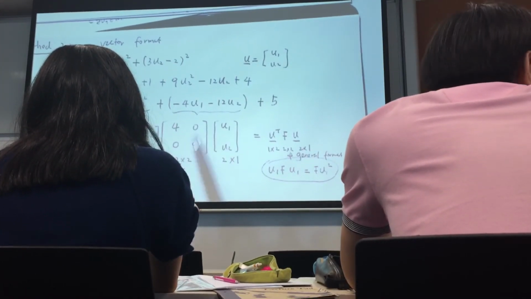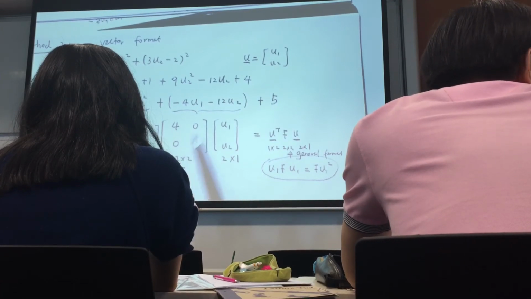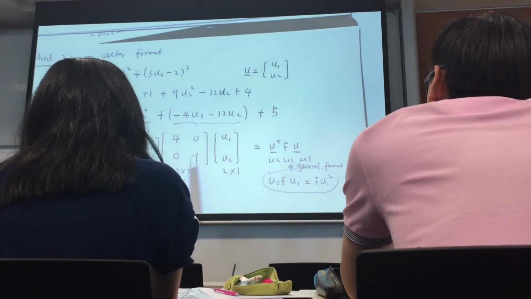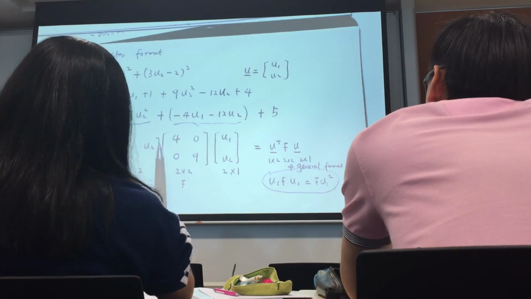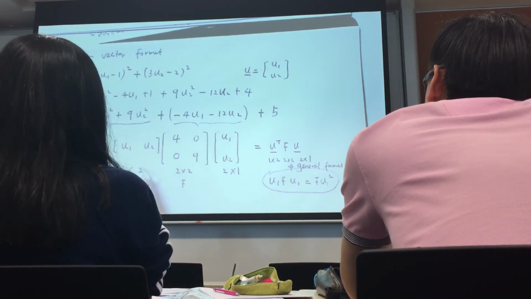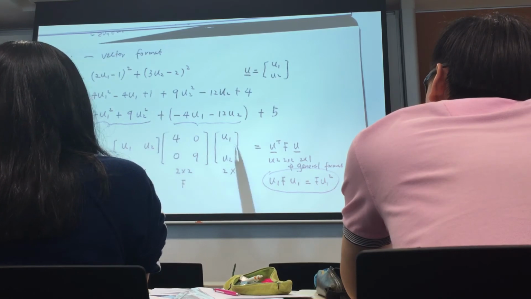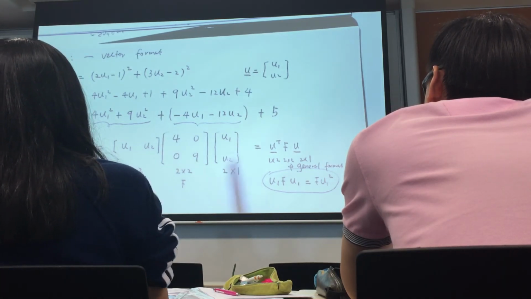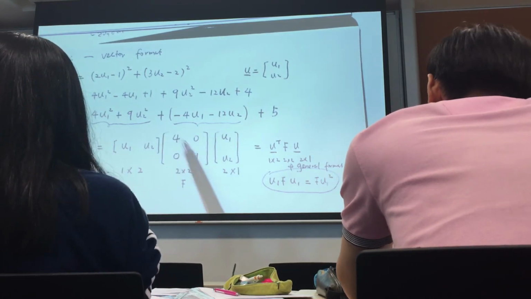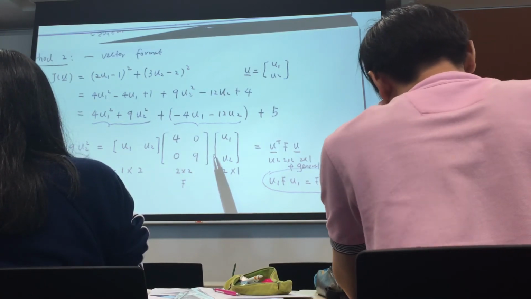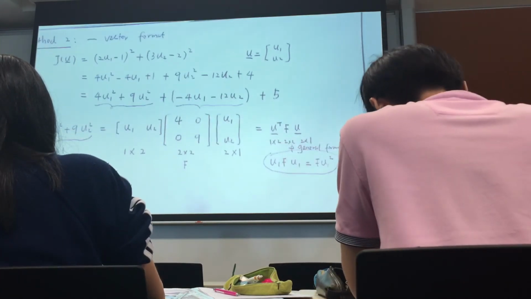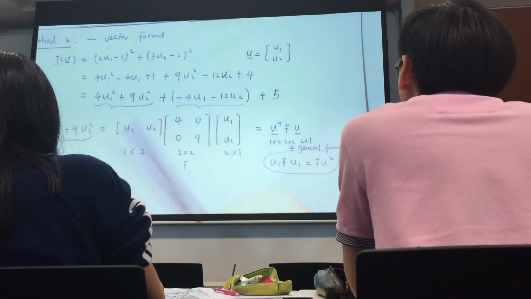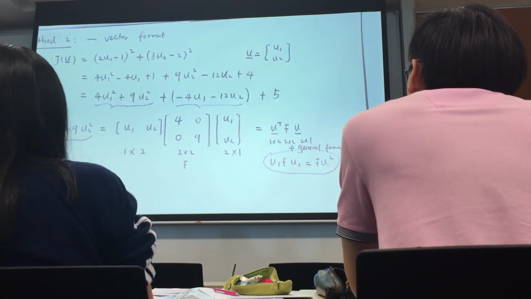And these off-diagonal components will determine the component of the product of u1 and u2. You can multiply this out by yourself, and you will find the 4 and 9 here. So this is the first part.